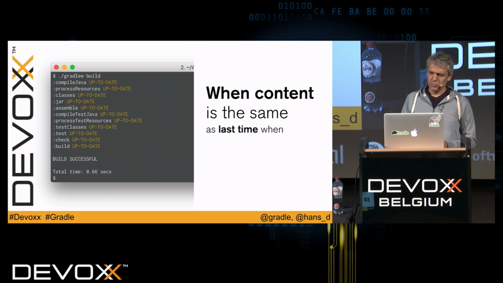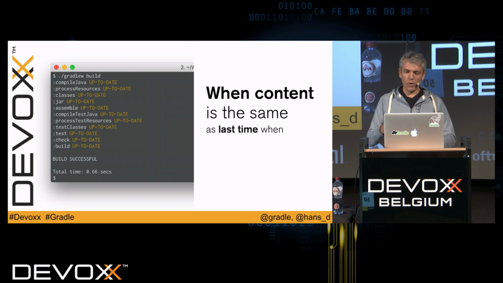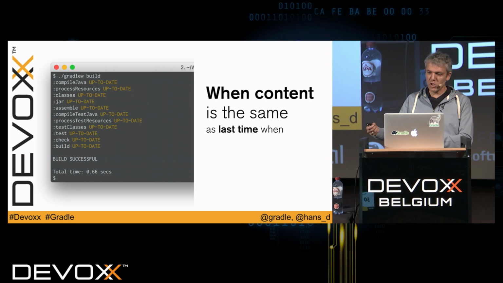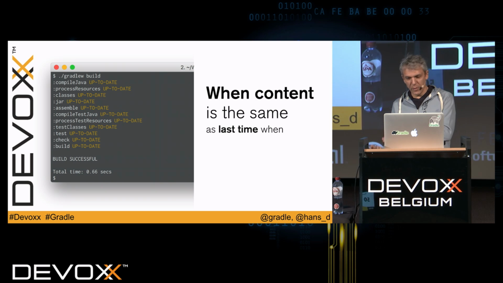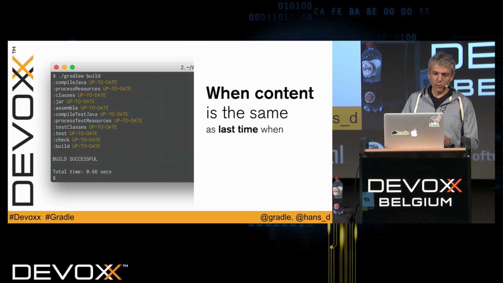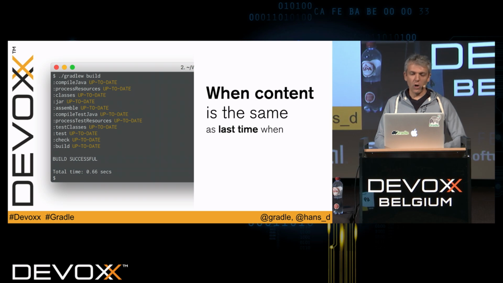So for example, when you switch between branches within your project directory, you check out the master branch, you check out the feature branch, you build the master branch, then you build the feature branch. If you go back to the master branch, you don't have any up-to-dateness anymore because you've built the feature branch before. The current Gradle cache only stores the output of the last build.